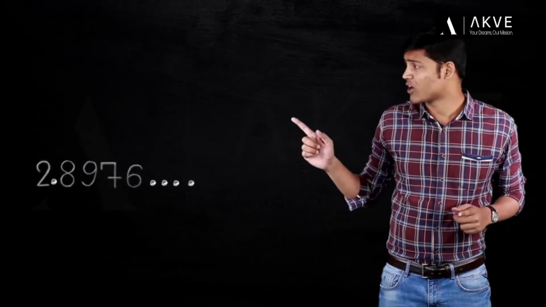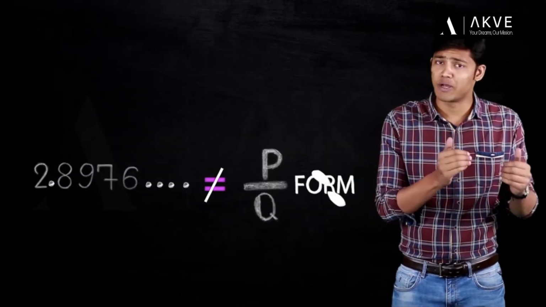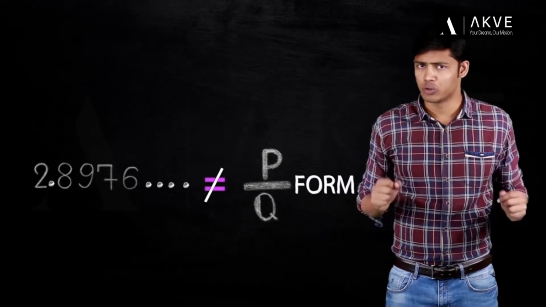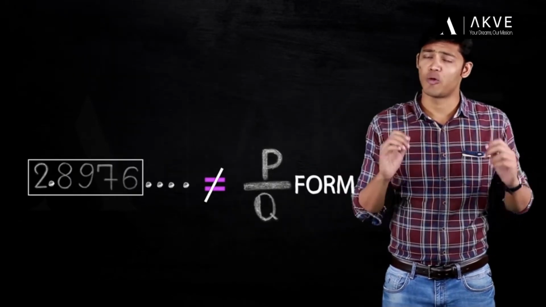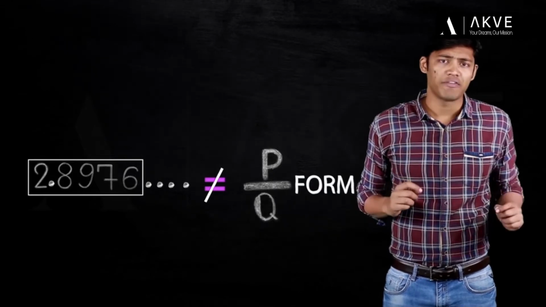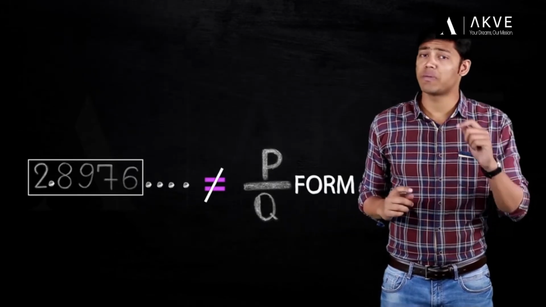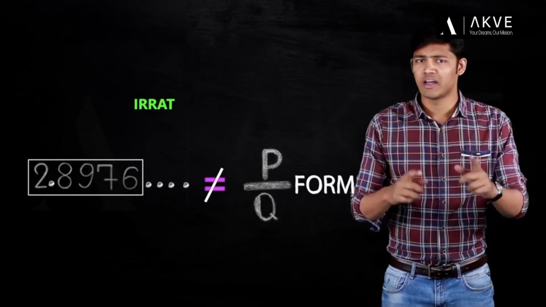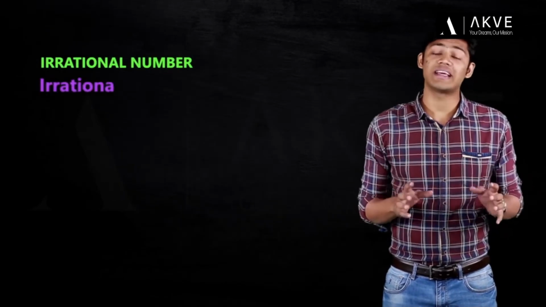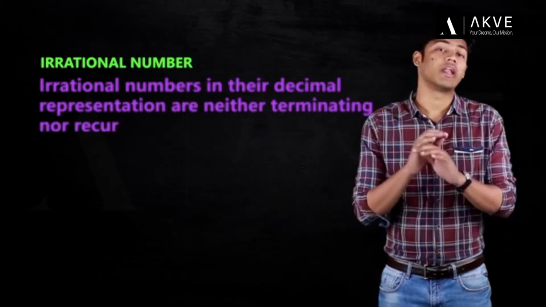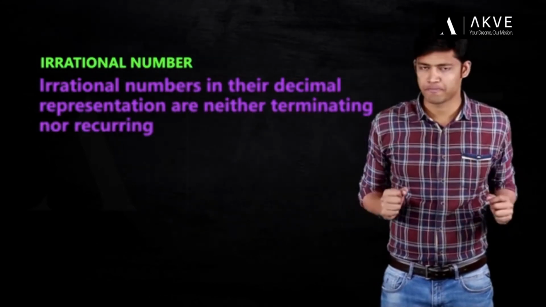So this cannot be converted into its p by q form. So we can conclude that this number cannot be represented in p by q form. And we know that if a number cannot be represented in p by q form, then it is an irrational number. So irrational numbers in their decimal representation are neither terminating nor recurring.